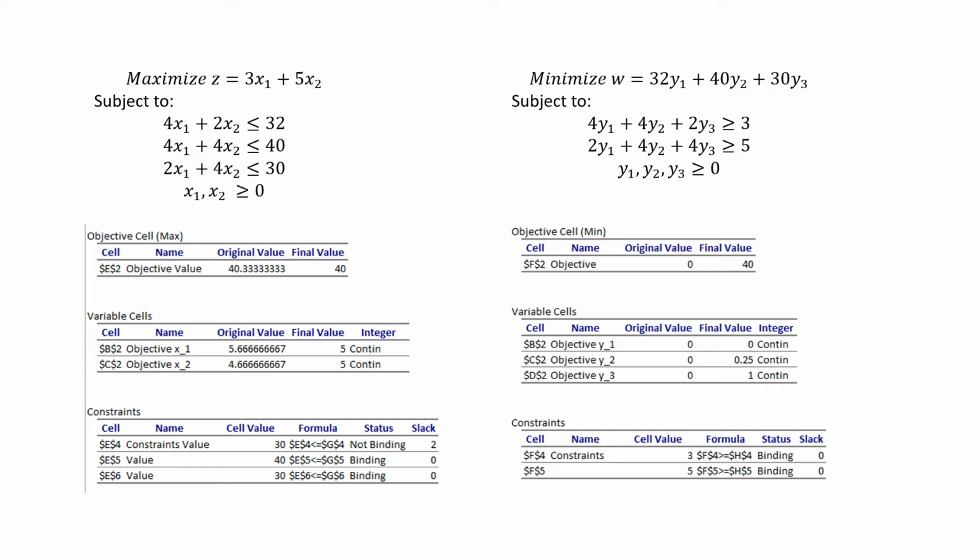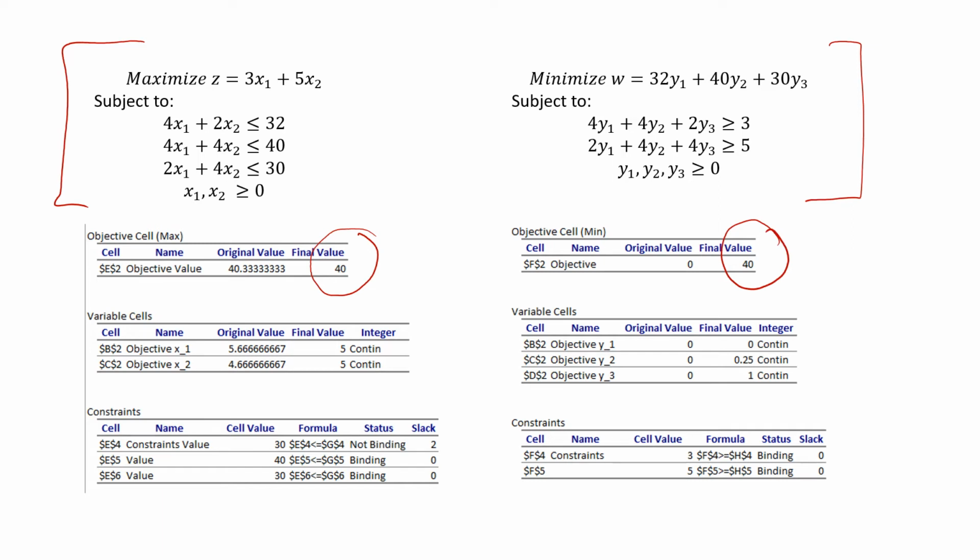So I just ran both the primal linear program and the dual linear program through the Excel solver and came out with these answers. We ended up with an optimal value of 40 for our primal, and you can see our dual has the same thing.